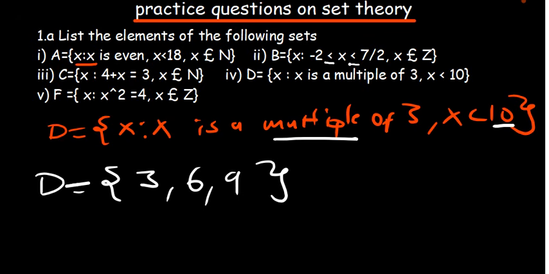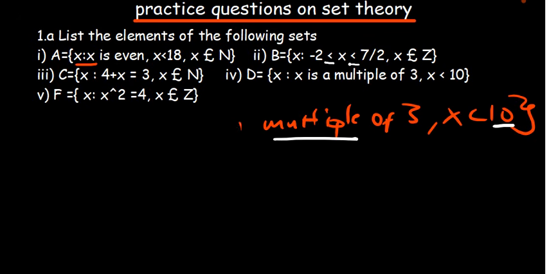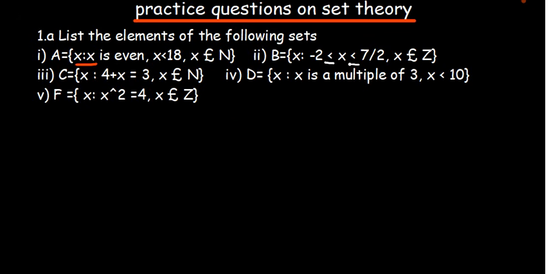We can move to the last one, which is F. So for the last one, what are they saying? x is such that x squared is equal to 4. So I can write that: x is such that x squared is equal to 4.